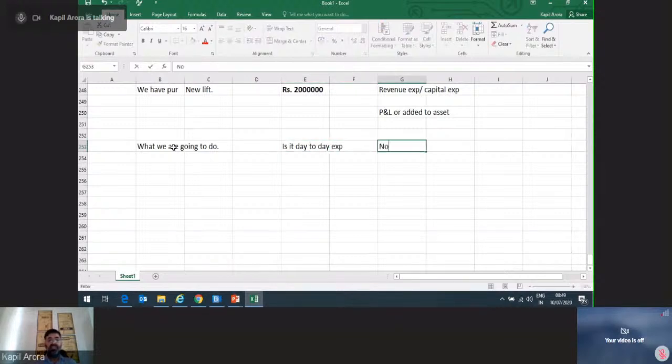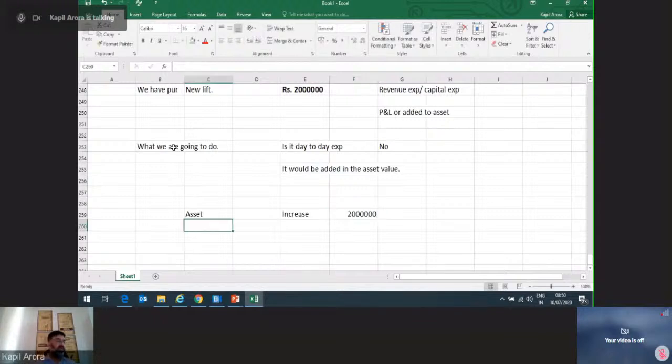The answer is no. So it means it would be added in the asset value. So my asset will increase with 20 lakh. Hope this is fine with everybody. Asset will increase with 20 lakh.